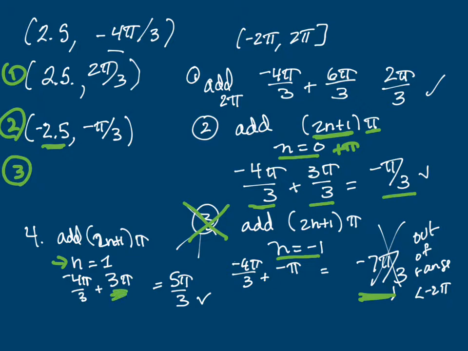So then you're adding a 3 pi, because 2 times 1 plus 1 times pi is 3 pi. So adding 3 pi gives me 9 pi over 3, and then a negative 4 pi gives me a positive 5 pi over 3, and that is in the range between negative 2 pi and 2 pi. So a negative 2.5 and a 5 pi over 3.